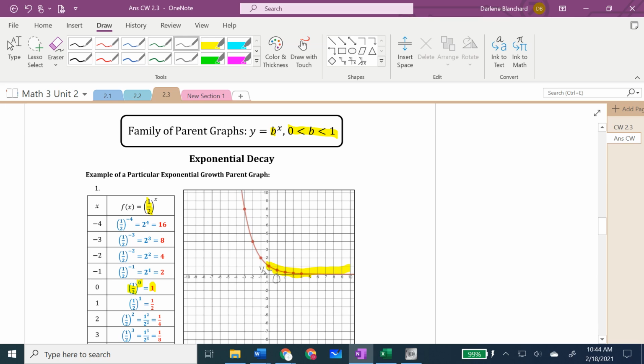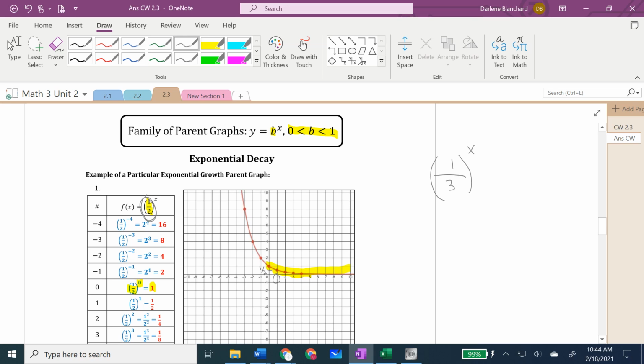I don't. So if I'm always giving you 1 divided by a number, here I gave you 1/2. Maybe I give you a base that's 1/3 or 1/4.